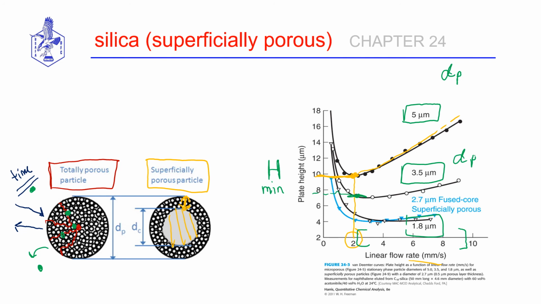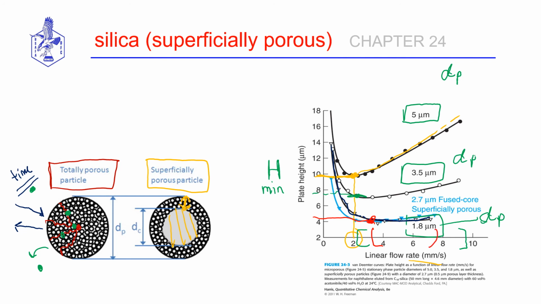That continues if I reduce my particle diameter further down to 1.8 microns. And that's this last dark line here. I'll retrace it for you so you know which one we're looking at. Right there. And so here we get this minimum plate height, ideal resolution, over a nice range of flow rates.